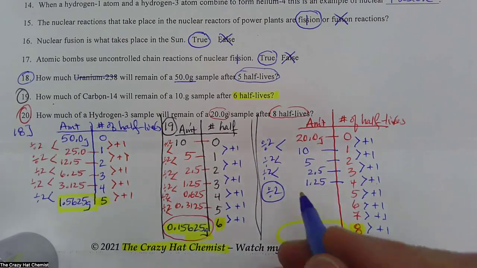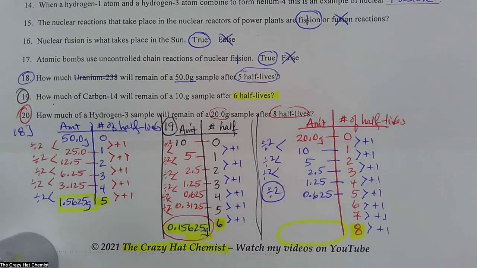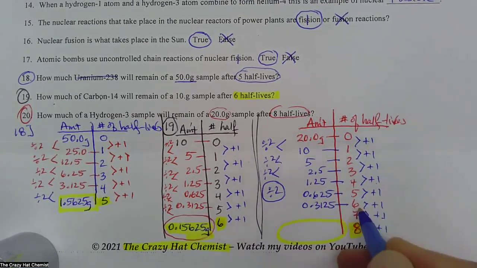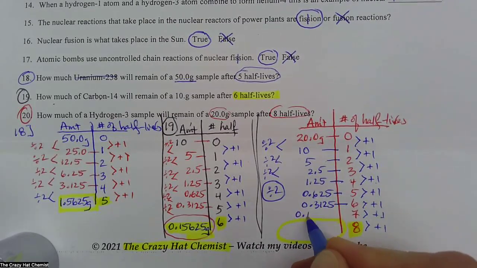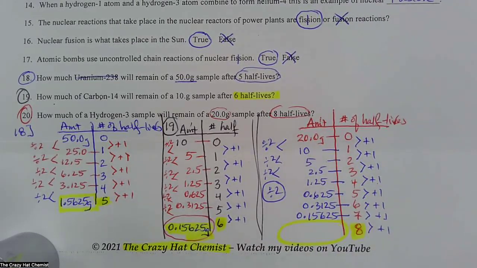Divide by 2, we get 0.625 grams at 5 half-lives. Divide by 2, we get 0.3125 grams at the end of 6 half-lives. Divide by 2, we get 0.15625 grams at the end of 7 half-lives.